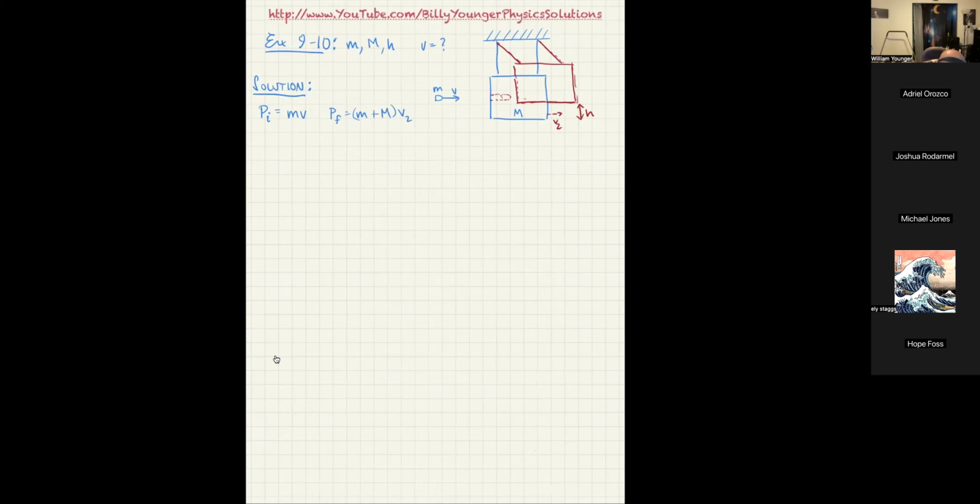Now I can say P initial is equal to P final, and from that I get mv is equal to (m plus M) times v2. But I need to figure out in terms of v2 how I can relate that to h, because ultimately what we want is v in terms of m, big M, and h.